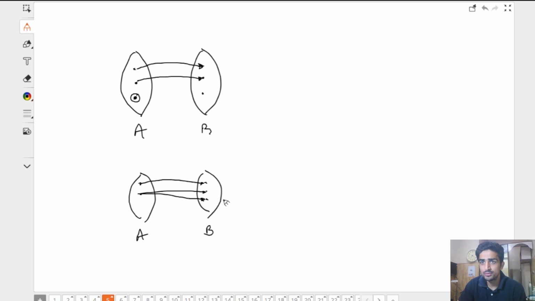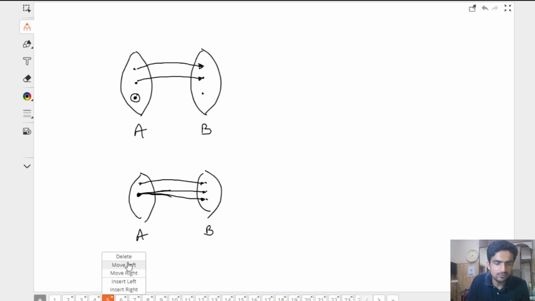No. Very good. We know no element of the domain can give two outputs. One input should give only one output. Here this is giving two outputs, so it must not be a function. I'm happy you know that.